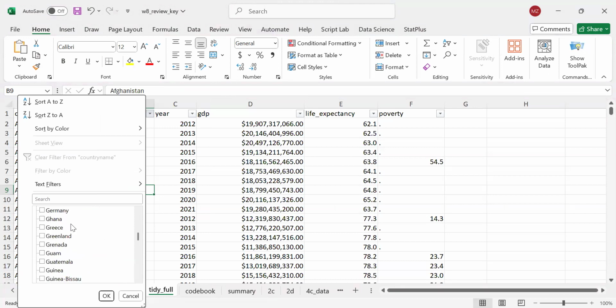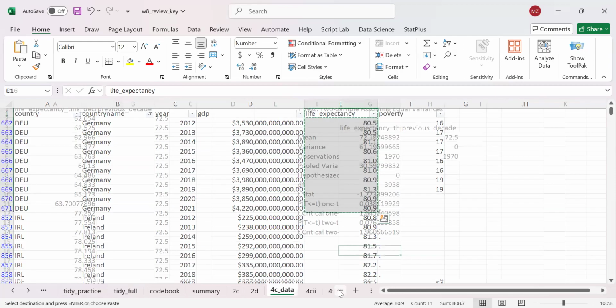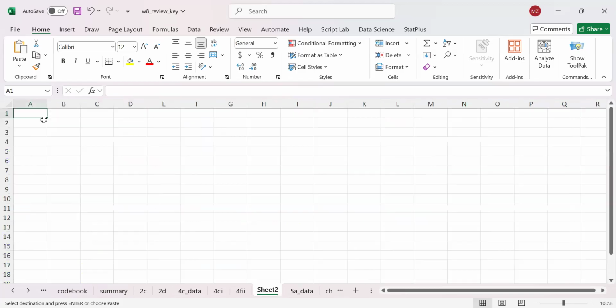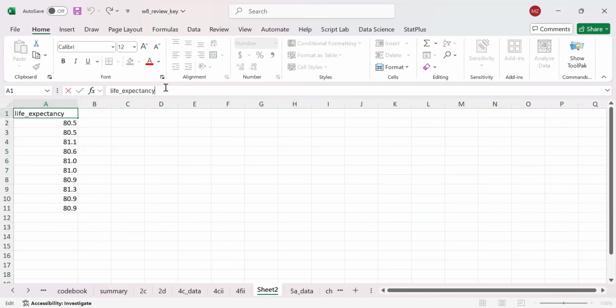So pick the life expectancy data of Germany from here, and in the new sheet, paste it here, and call this column life expectancy Germany.